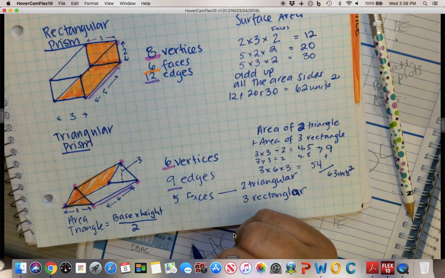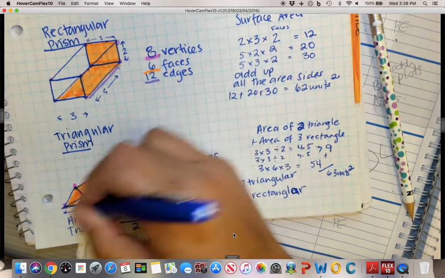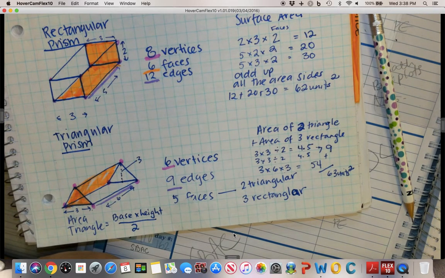And if that's the case, then you just do the side by whatever this side or this side is. So you're adding up all of the areas of the faces to find out the whole surface area. And that's how you do that.